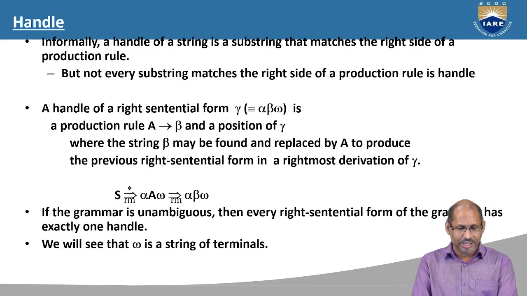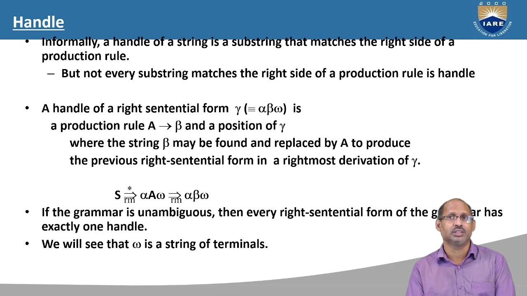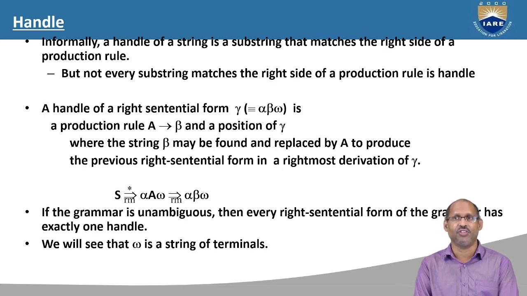So, a handle is a substring that matches the right side of a production rule. But not every substring that matches the right side of a production rule is a handle. Right? Then, a handle of the right sentential form gamma, which is equal to alpha beta w, is a production A gives beta and a position of gamma where the string beta might be found and replaced by A to produce the previous right sentential form in the rightmost derivation of gamma.